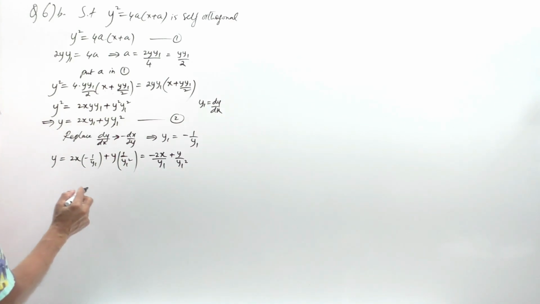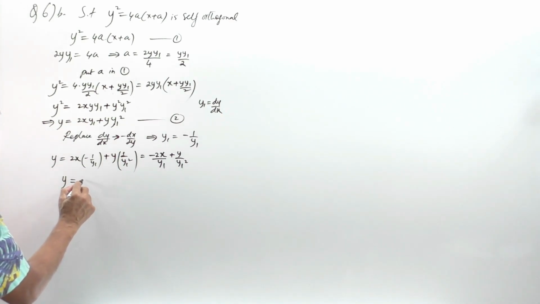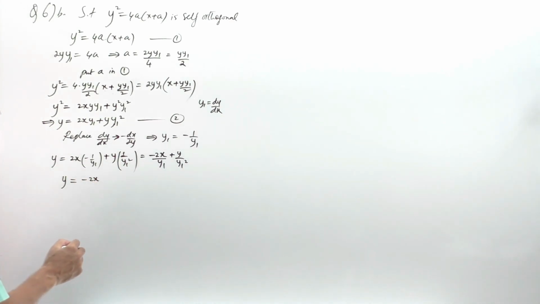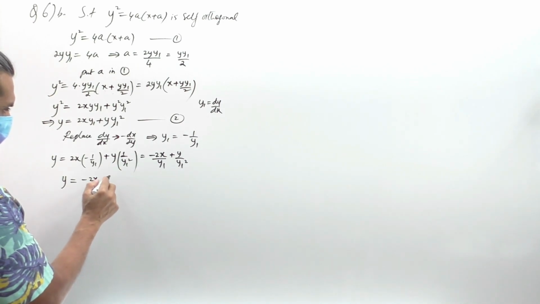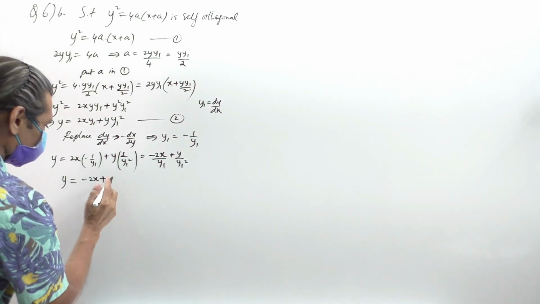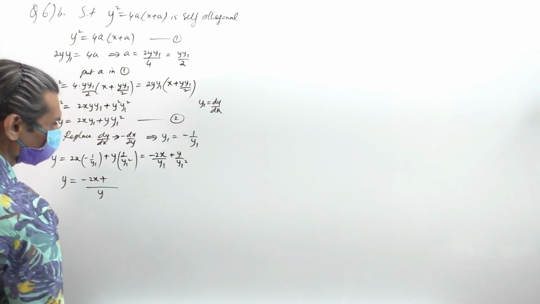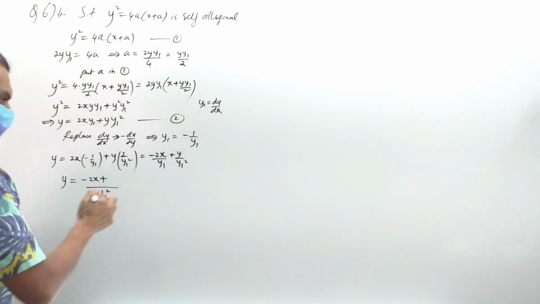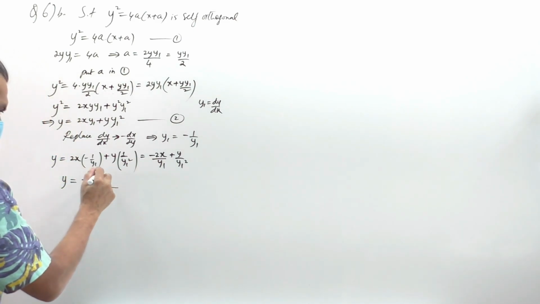Now let us take the LCM of it. So we have y is equal to minus 2x y1 plus y, where the LCM is y1 square, fine.